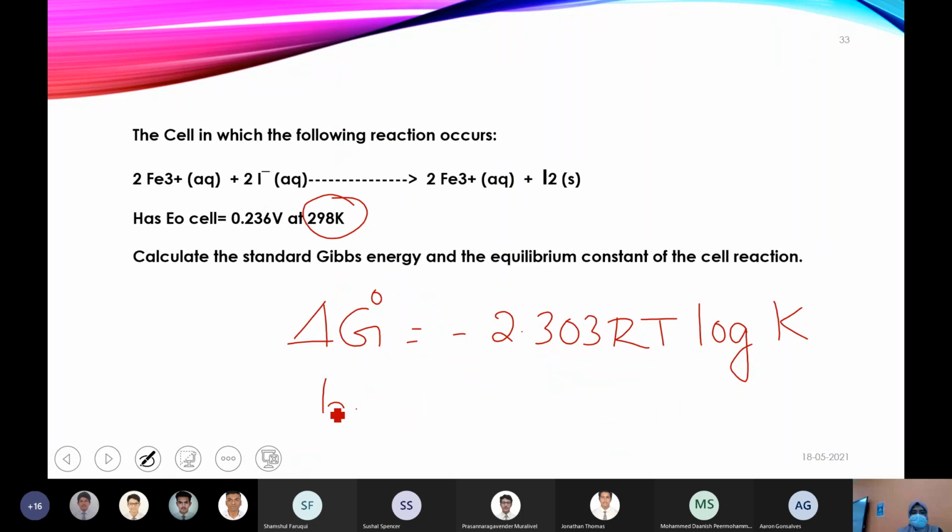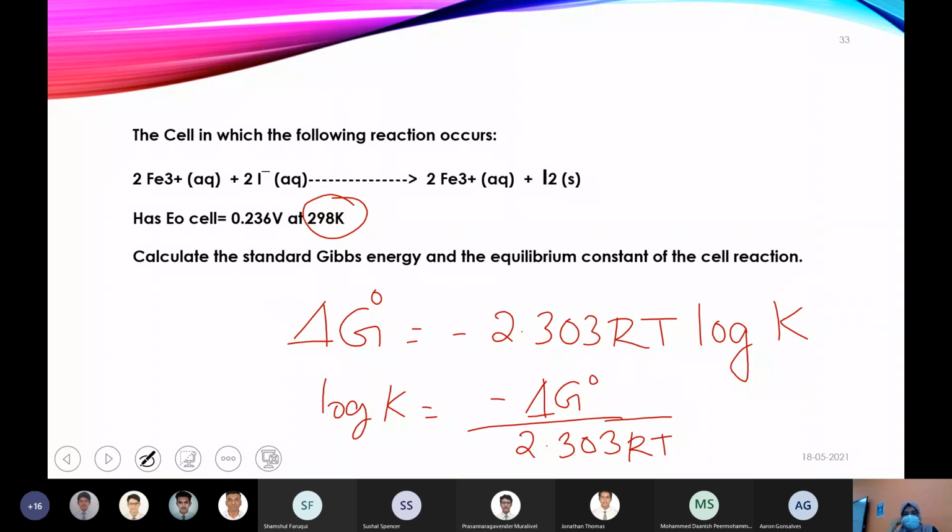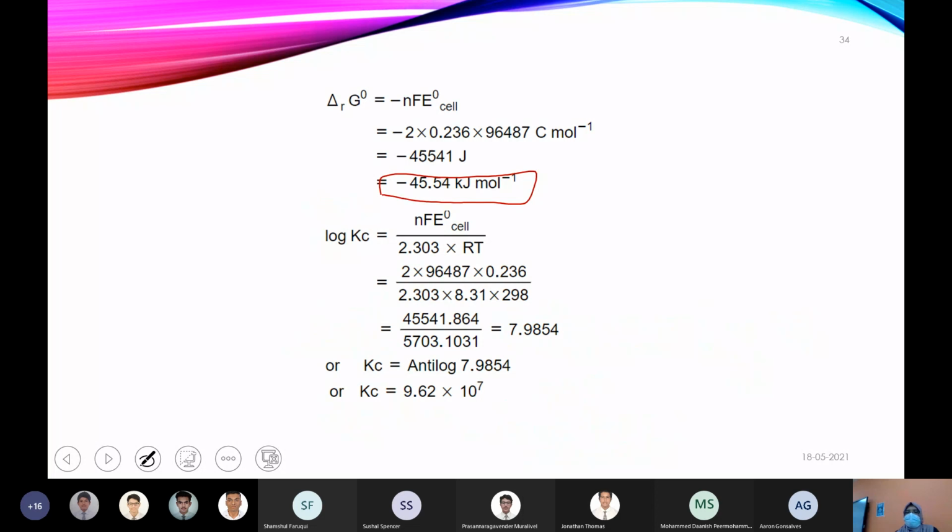So log K will be negative delta G0 by 2.303 RT. Should delta G be in kilojoules or joules? Kilojoules per mole. Whether you take joules or kilojoules, use the same thing.